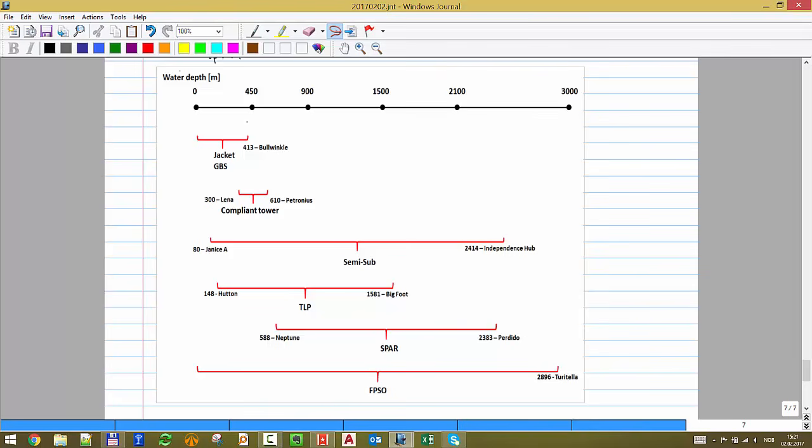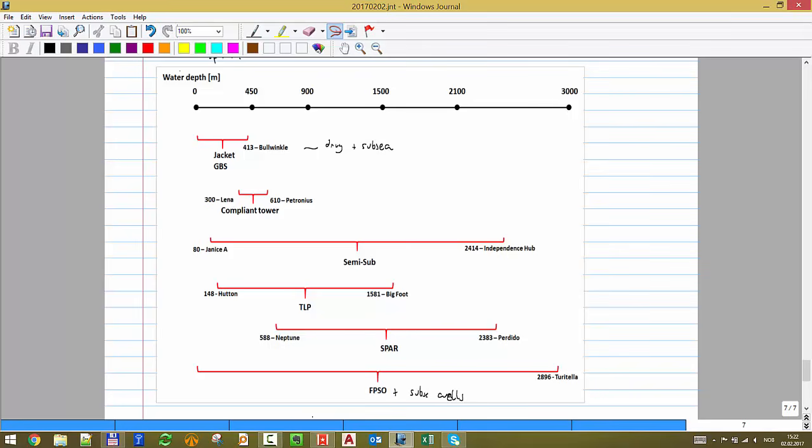But when we go to the high depth, the king of high depth is the FPSO, and you will see that FPSO is also a synonym of subsea wells. But jackets you can have dry and some subsea, to reach some part of the formation that you cannot reach from the platform. And then you have all of these in between, where there is some overlapping.